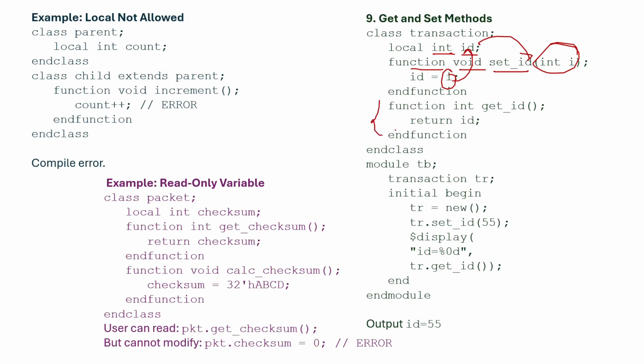Then the get method returns the id value, because the value is assigned to id. This can be accessed in your module. So with the set method I can set 55, and with the get method we can get the 55 value. In this way I can call the local variables. Same thing, but I am using two methods, set and get.